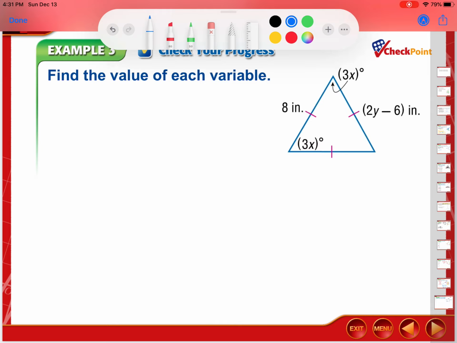Going on to our final question, they say find the value for each variable.